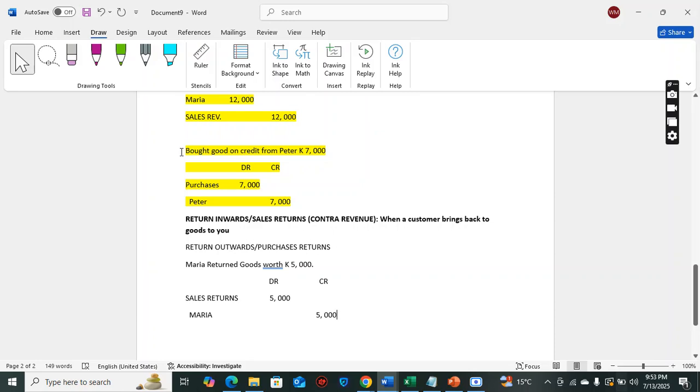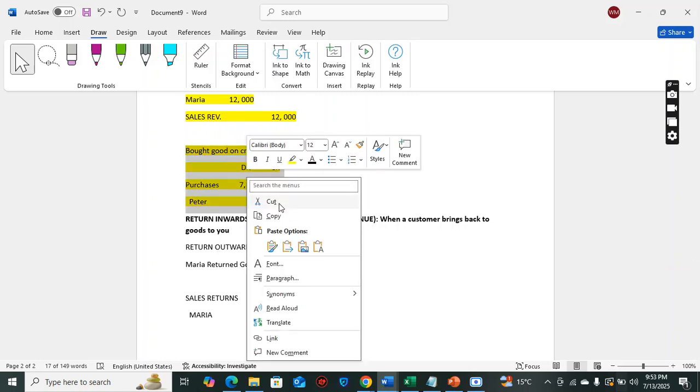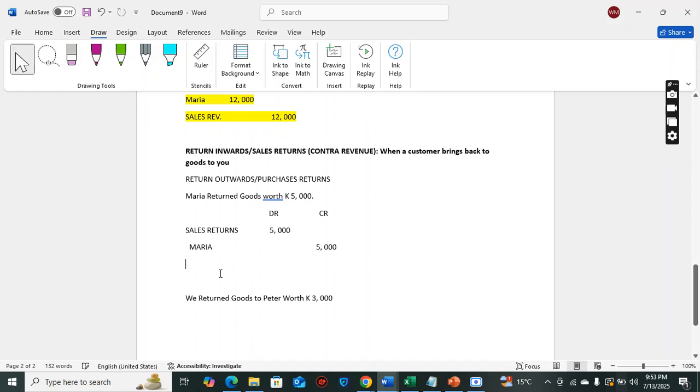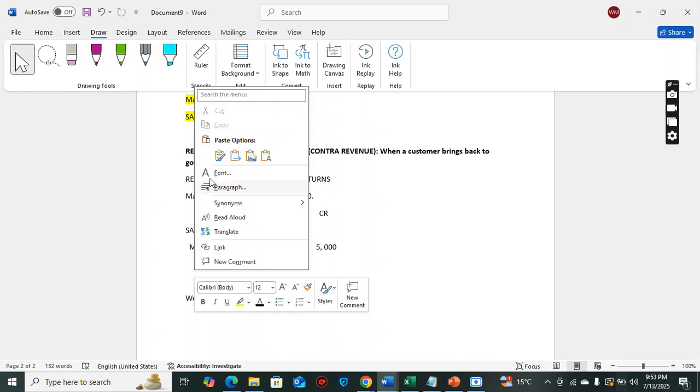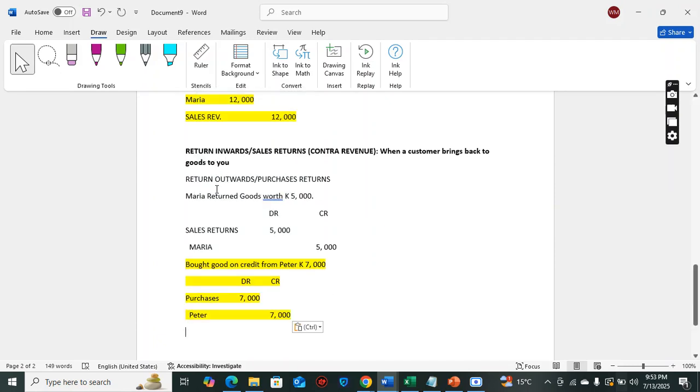Any questions? Not assets, goods worth 5,000. Yes, she is remaining some money.